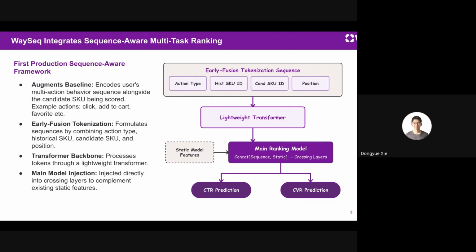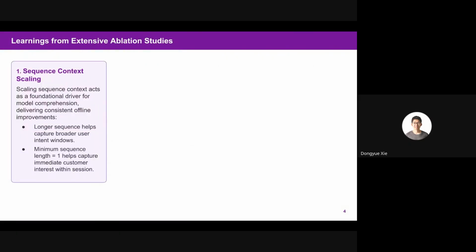We started with the 100 most recent actions and continued to 300, which delivered consistent offline improvements in terms of AUC. Also worth noting is that a minimum sequence length of 1 helps capture immediate customer interest within the session.